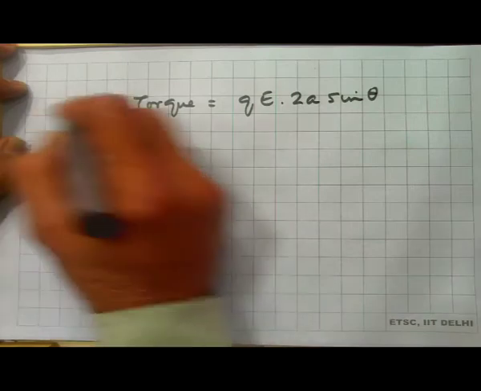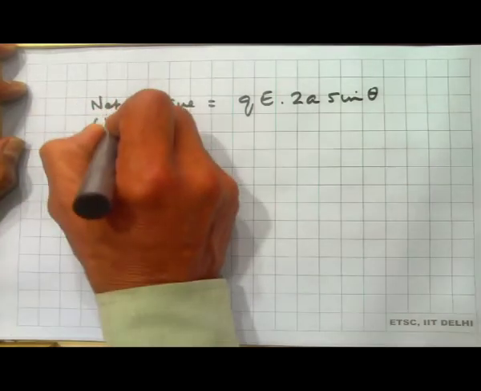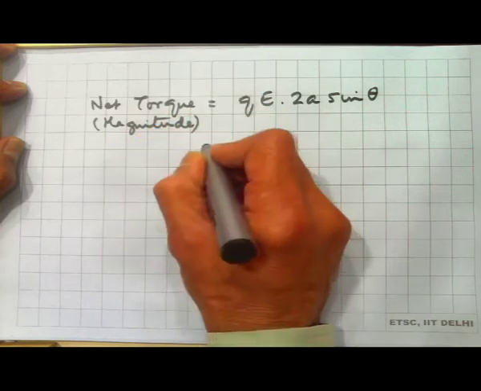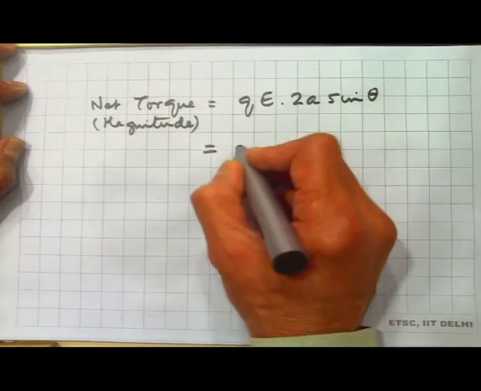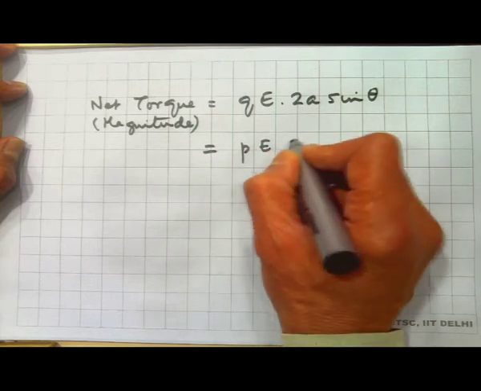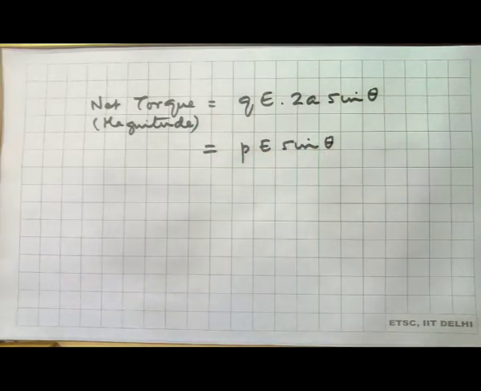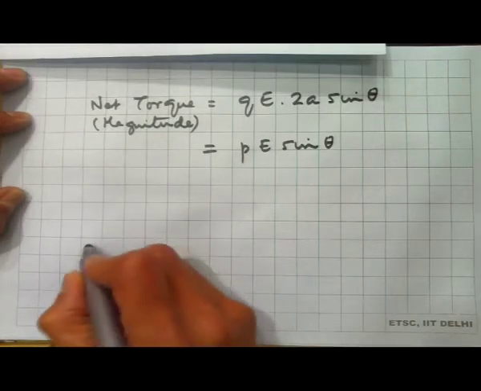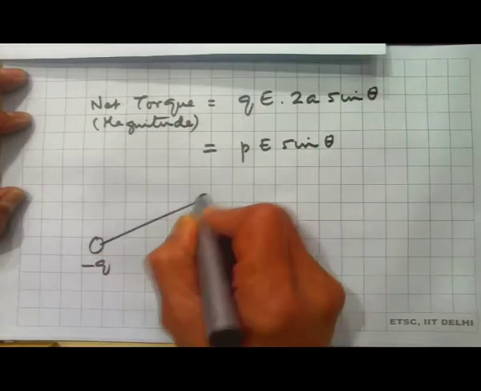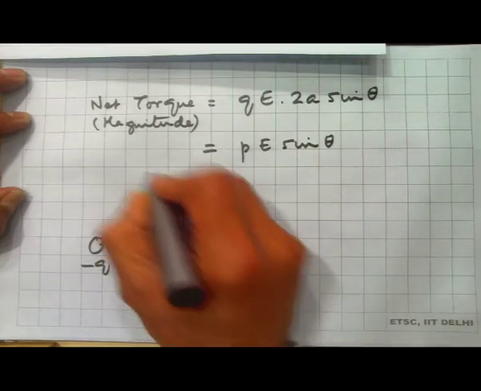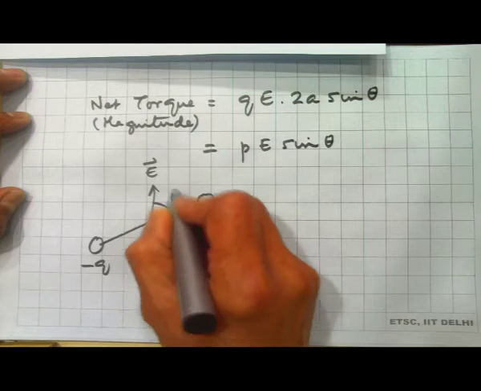the magnitude of the torque, net torque magnitude. Now, q into 2a is the dipole moment. So, pE sin theta. Now, if you look at the figure again here, you had the minus q, plus q, this is p, this is E, and this is theta.